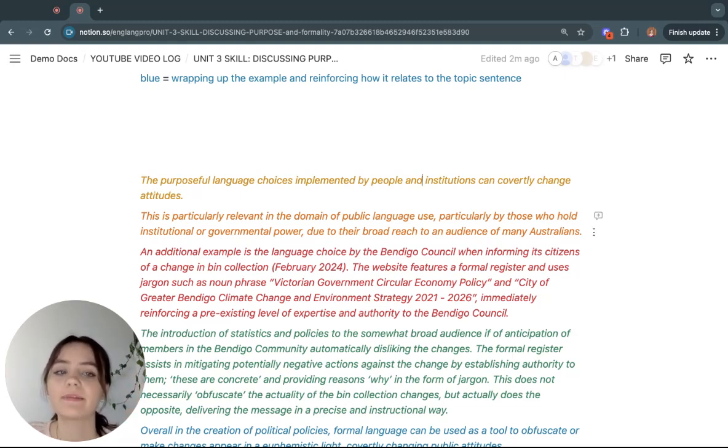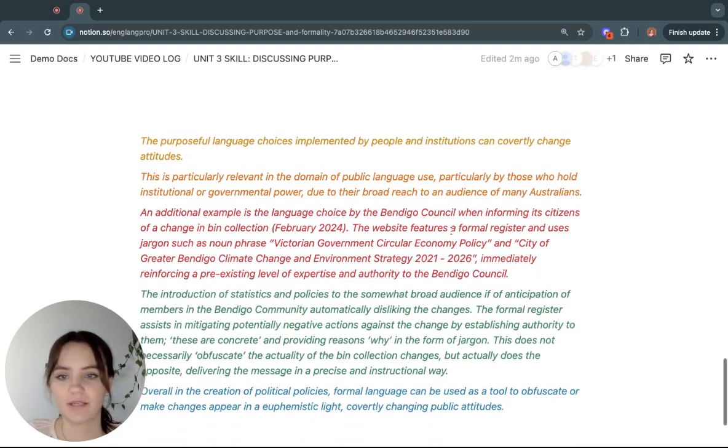Now, if I keep going, I'm going to narrow my scope and say, okay, well, the one that I'm going to be talking about in this example coming up is going to be in institutions. So this is particularly relevant in the domain of public language use, particularly by those who hold institutional or governmental power due to their broad reach to an audience of many Australians.